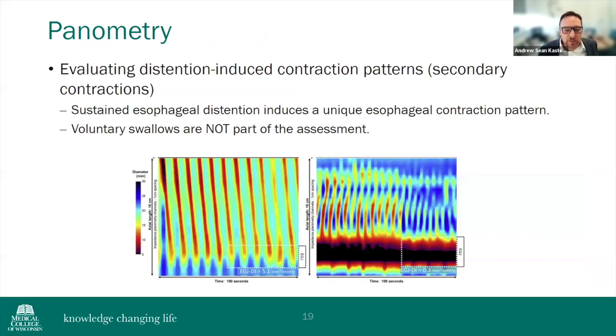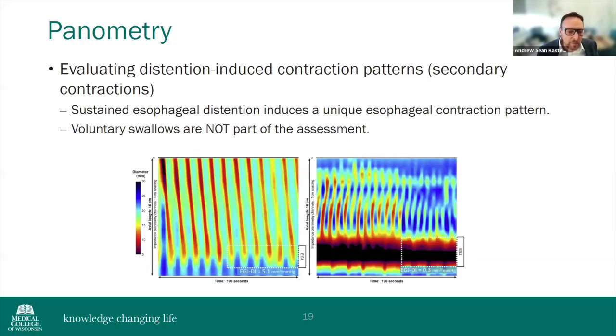Basically, you're distending a large balloon within the esophagus, and then you're evaluating distension-induced contraction patterns, or secondary contractions. Sustained esophageal distension with one of these balloons induces a unique contraction pattern. These are different from the voluntary swallows that you get with high-resolution esophageal manometry.